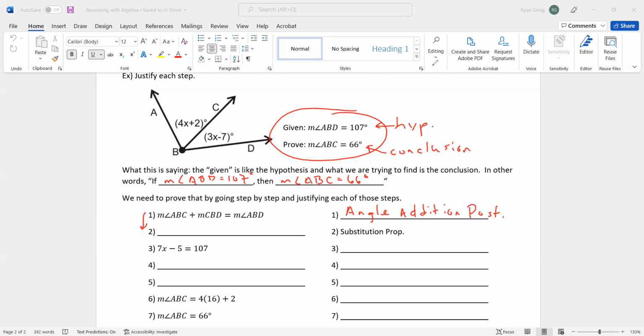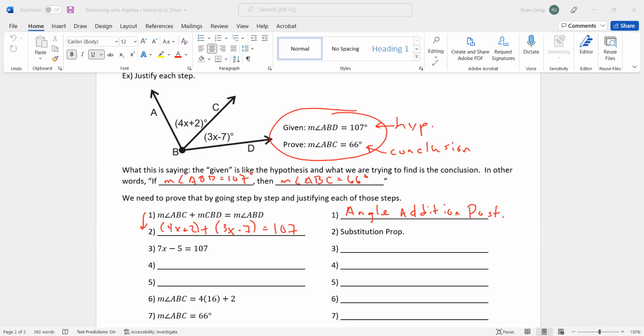What I can do is replace ABC with 4x plus 2, because that is in the picture. I can also replace CBD with 3x minus 7. That's also in the picture. I can also replace ABD with the given of 107. Because it's given, it's true, and I can use it. Okay, so that's my next statement.